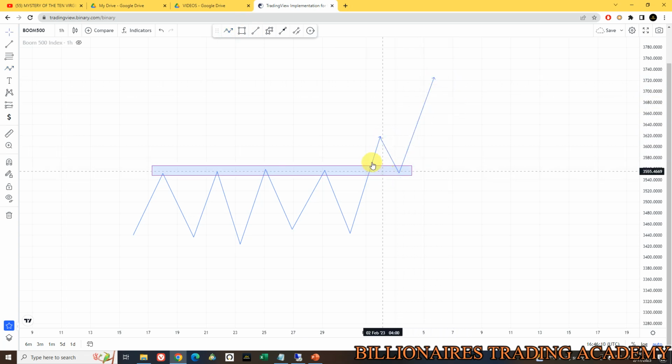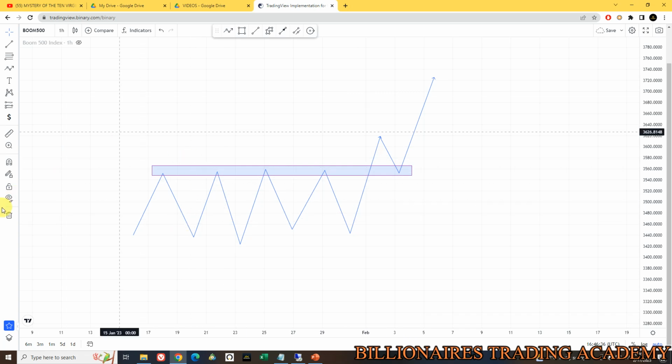This is the resistance turning into support, because here it was supposed to be resistance and be able to reverse price down, but then it's been broken. So once price comes to test, it will make this zone a point to go up. Now a point where price goes up is called support. So now resistance has been turned into support. So this is one of the things that we can be expecting as we are trading support and resistance.